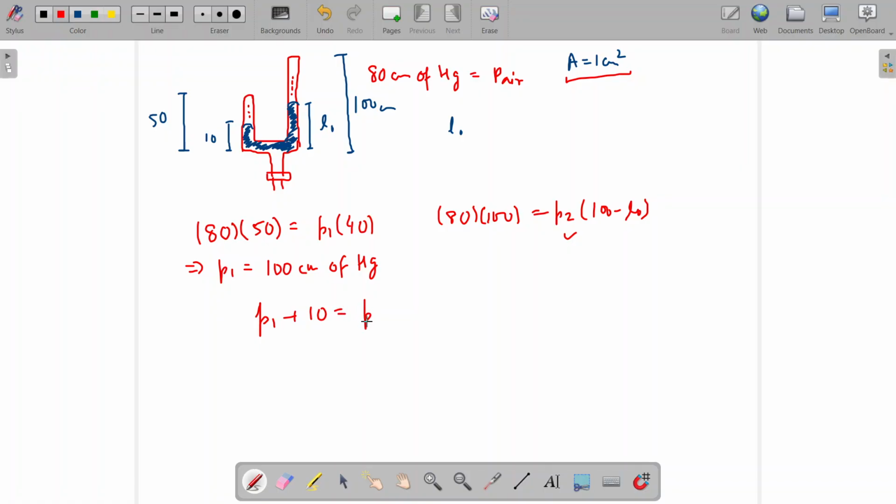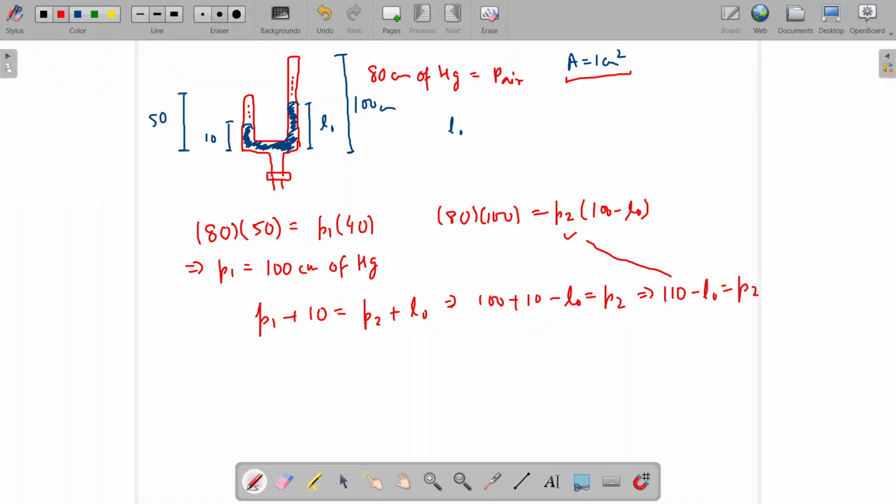In the right column, the pressure is P2, so P2 plus L naught, that is the pressure. So P1, which we already know is 100, so 100 plus 10 minus L naught is equal to P2. And this implies 110 minus L naught is equal to P2.